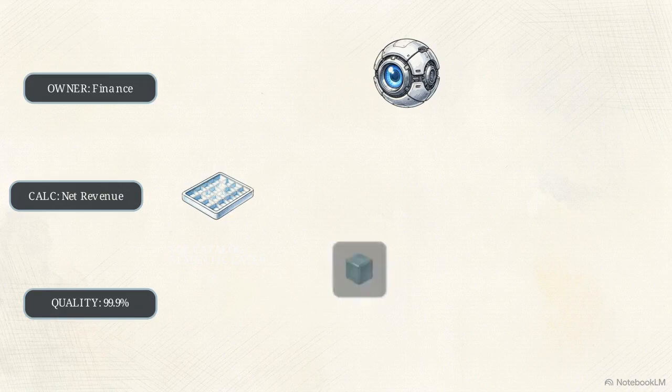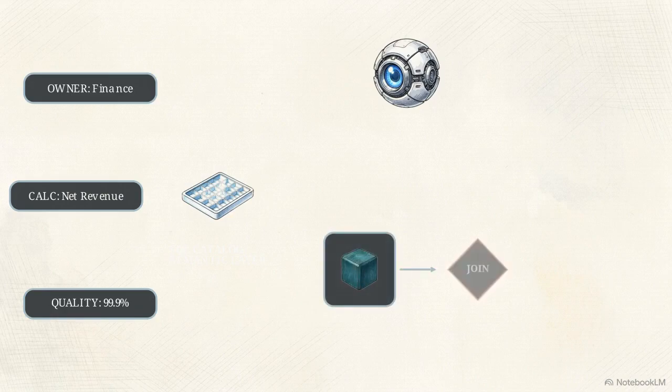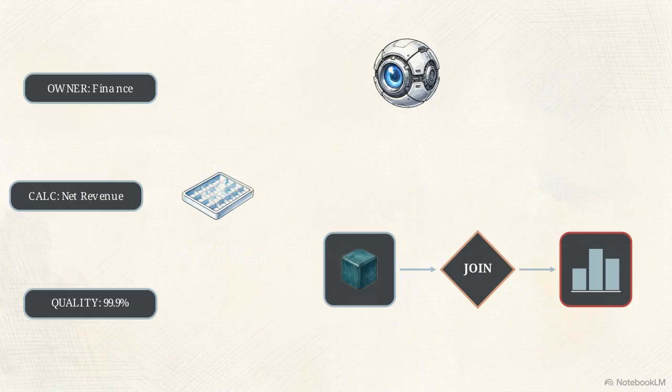Annotations can specify which team owns a dataset, what the fiscal rules are for revenue calculations, and exactly which quality thresholds must be met before reporting. Here, we see an AI agent plugging directly into that semantic context. By attaching to a standard SQL catalog, the agent can easily inspect relationships, infer schemas, map data ownership, and instantly generate an accurate analytical view pipeline.